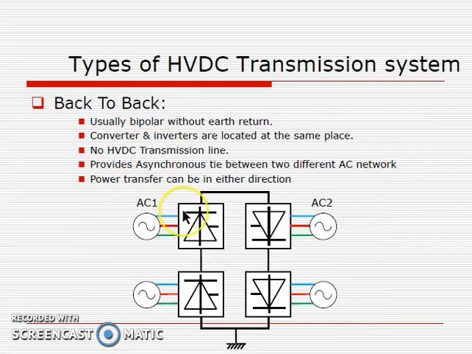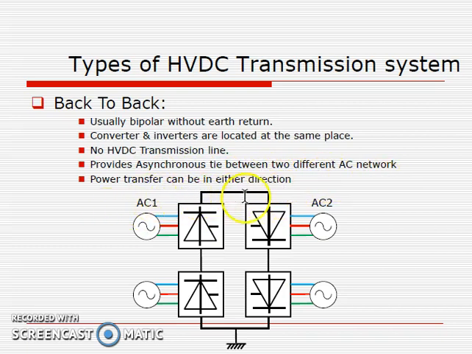Back-to-back connection. This is usually a bipolar system without earth return, used whenever the converter and inverter are located at the same place. This is the converter, this is the inverter, both in the same place. No HVDC transmission line is needed; it provides an asynchronous tie between two different AC networks.